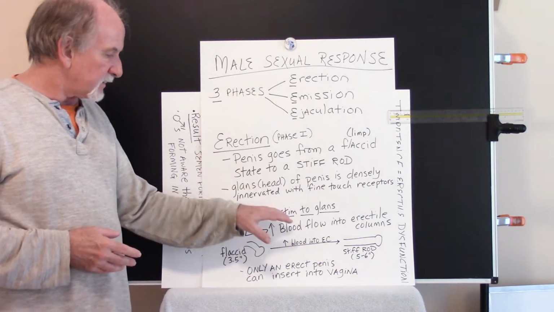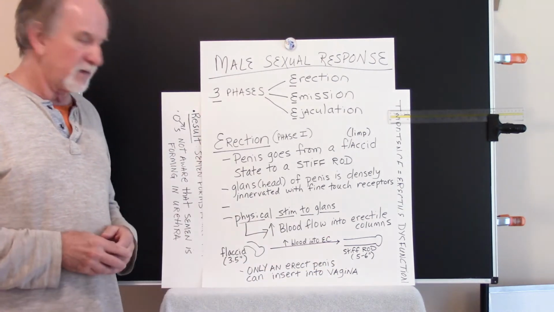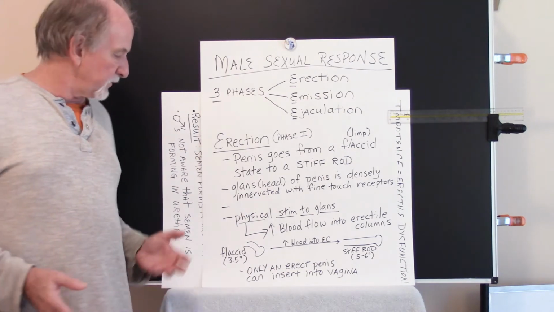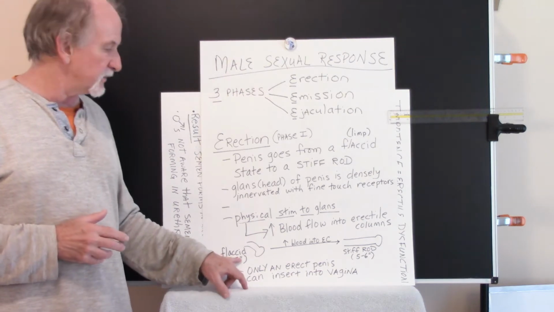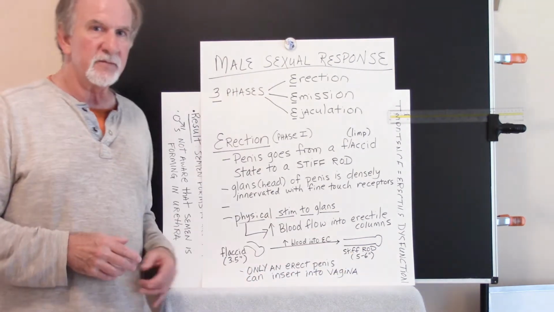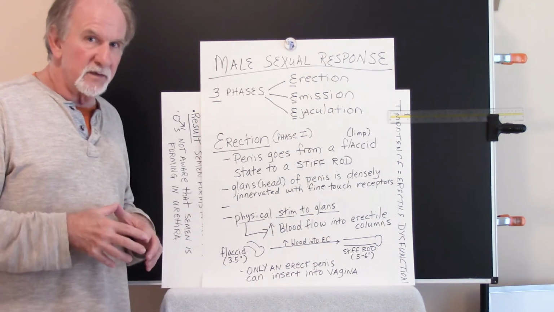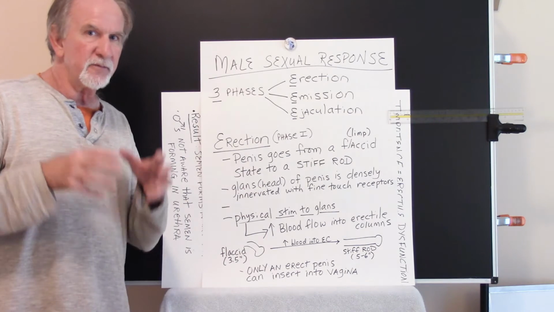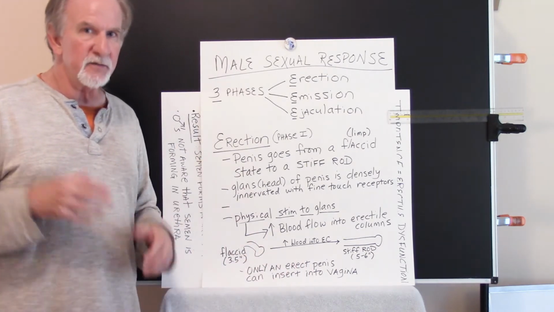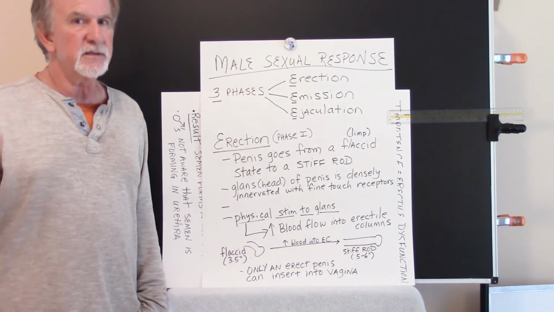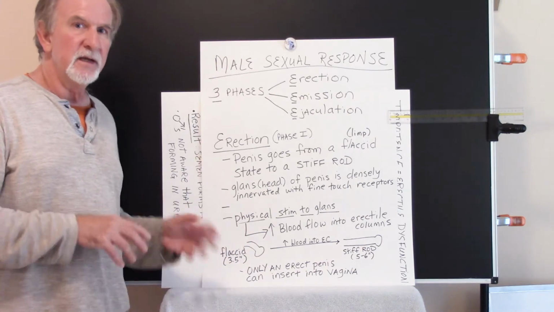As the erectile columns fill with blood, the penis is transformed from a flaccid state with an average length of about 3.5 inches to a stiff rod, maybe 5 or 6 inches long. The penis must transform into a stiff, hard rod in order for it to insert into the vagina to begin sexual intercourse. It is not possible to push a flaccid penis into the vagina.